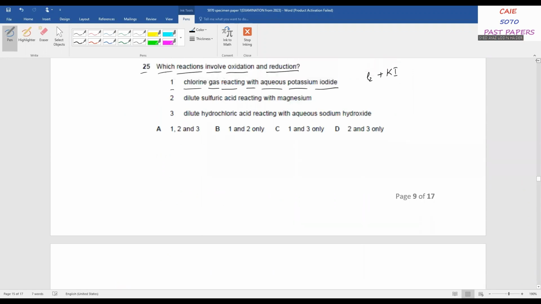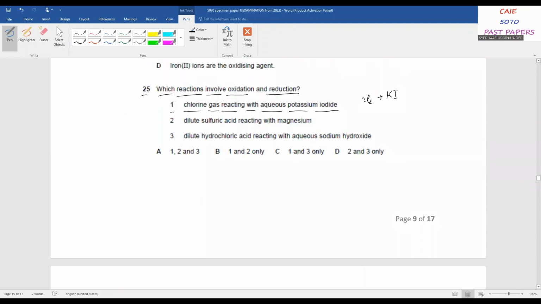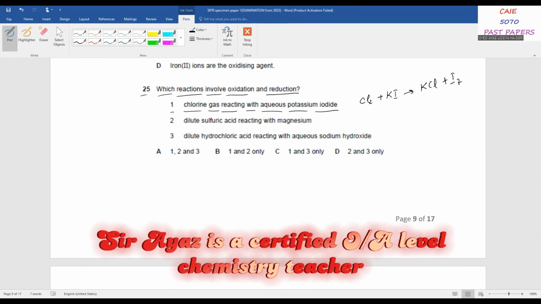And the product will be KCl and iodine because chlorine is more reactive than iodine. This is an example of redox reaction because in this reaction, chlorine is reduced and iodide is oxidized.